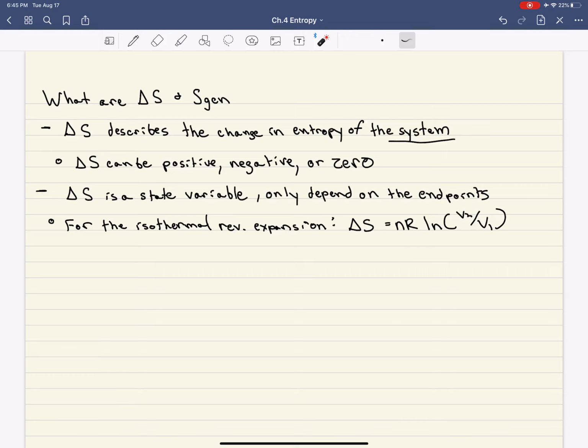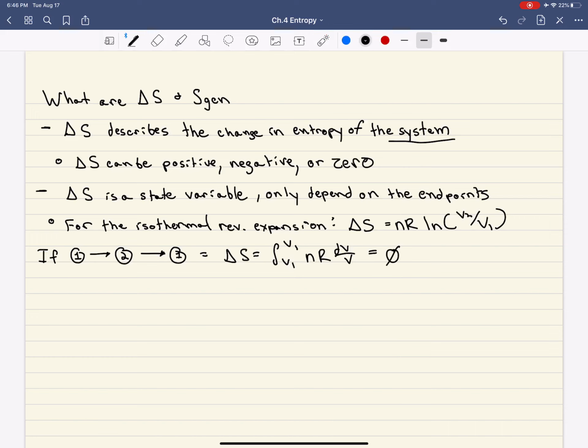If we undergo that reversible isothermal expansion, where we go from some initial state to a final state, and then return back to that initial state, our delta S would be the integral from volume 1 to volume 1 of nR dV over V. Since the endpoints of this integral are the exact same, the change in entropy of our system would be equal to 0.